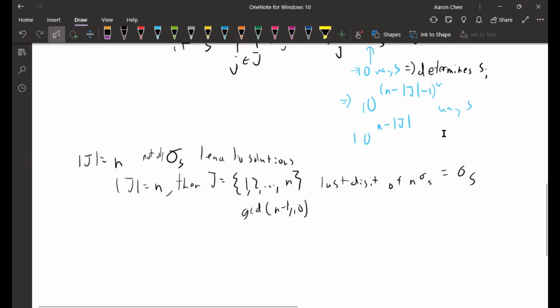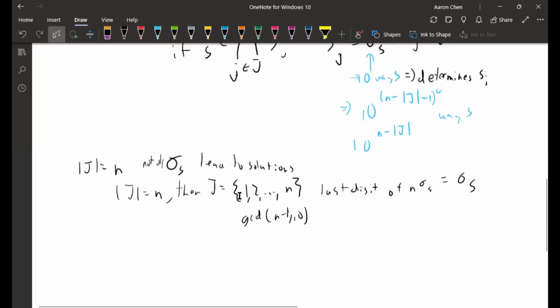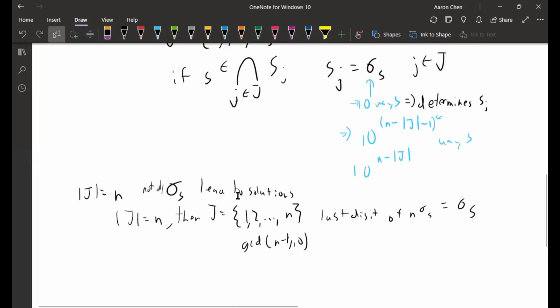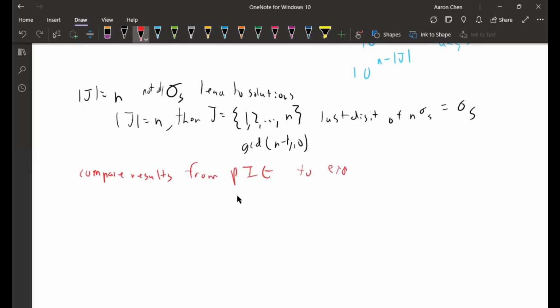And so now you can compare. This is kind of hard to calculate right now, and so the way we can do this is we can compare the results from PIE to the binomial expansion of 10 minus 1 to the power of n.